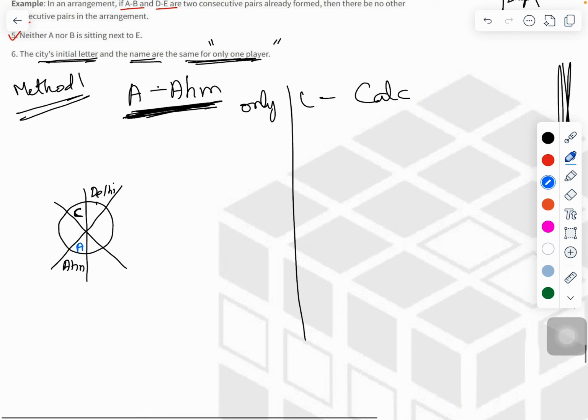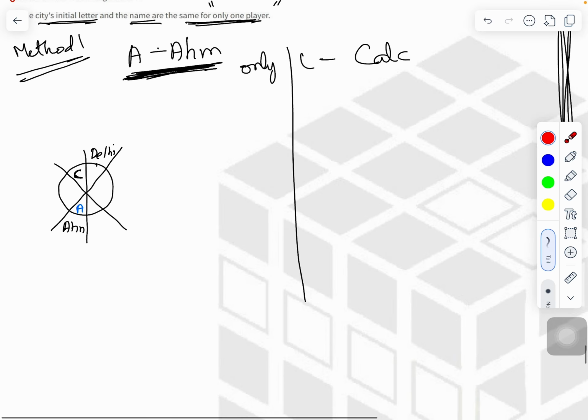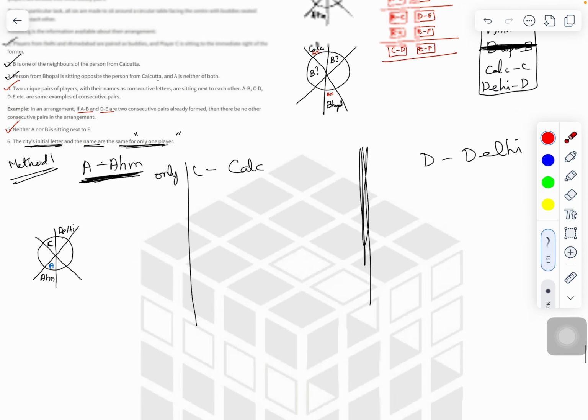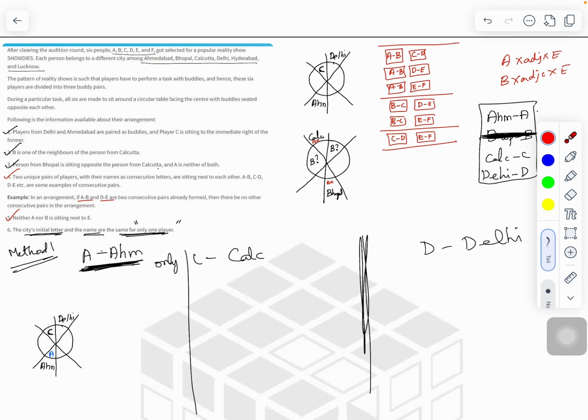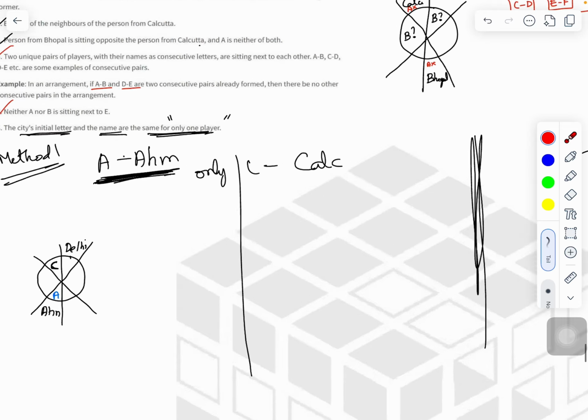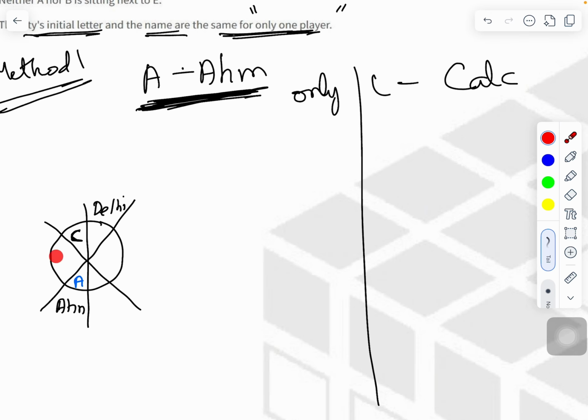The moment I fixed A for Ahmedabad here, what are the positions that B can come? Let's try it out. B can come in how many possible places? 1, 2, 3, 4. B can come in 4 possible cases. Out of that, can B come here? It is not possible. You know why?